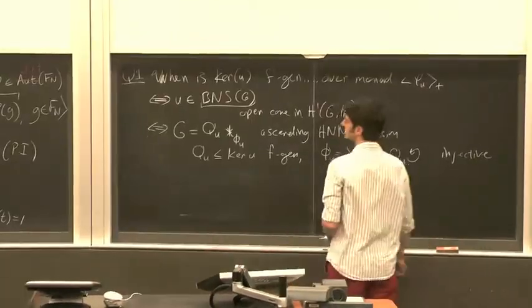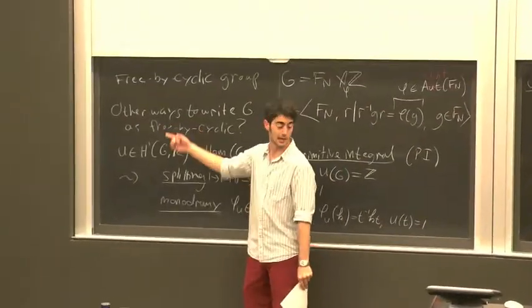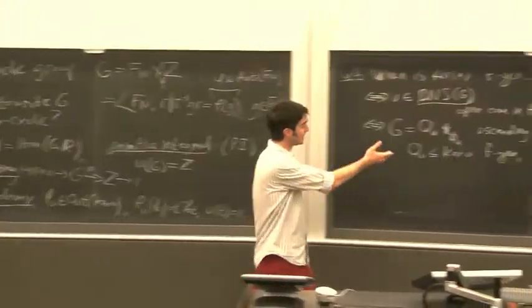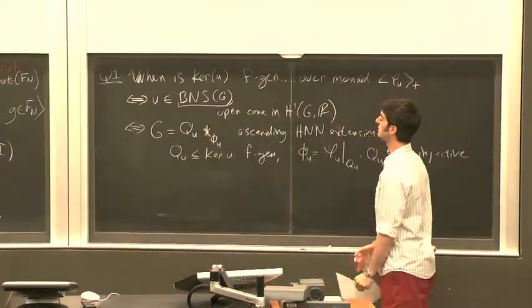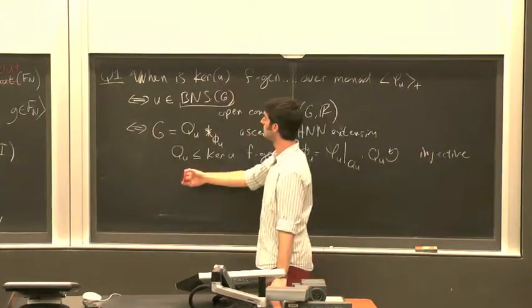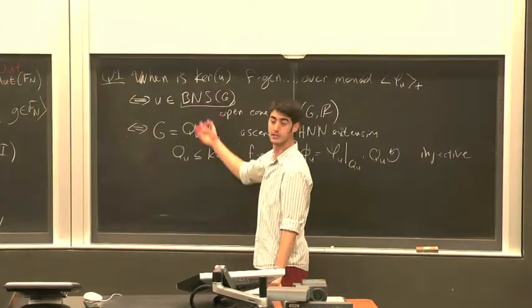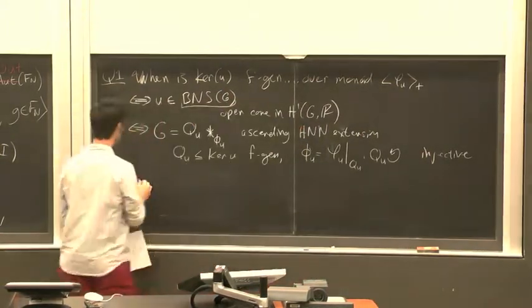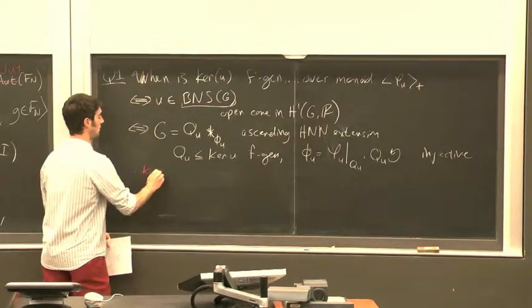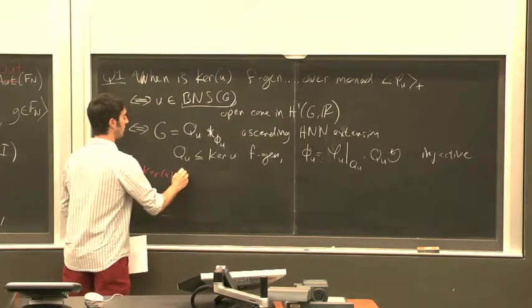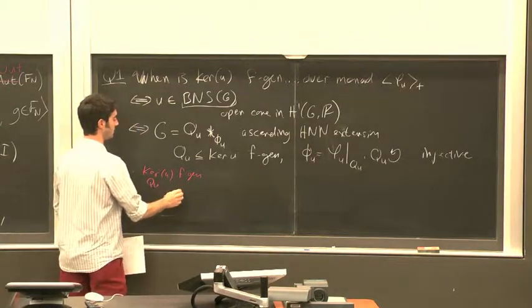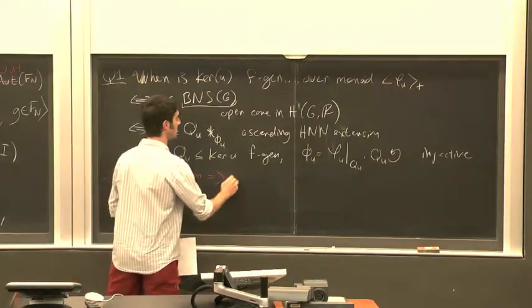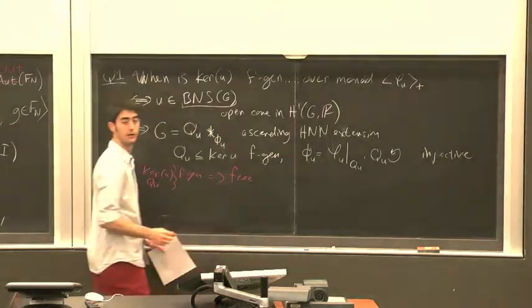But we wanted to write it as a free-by-cyclic group. And so far I've only talked about finitely generated things. So it turns out that in this situation, as soon as you have finite generation, the thing has to be free. Okay? So let me maybe point out that the kernel of u being finitely generated, or this Q being finitely generated, implies that it's a free group.